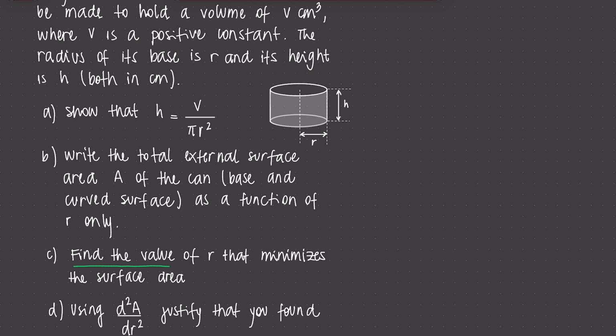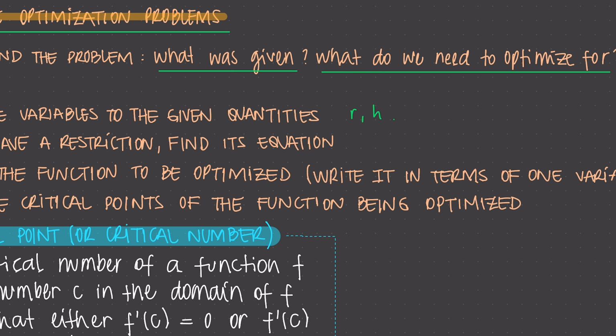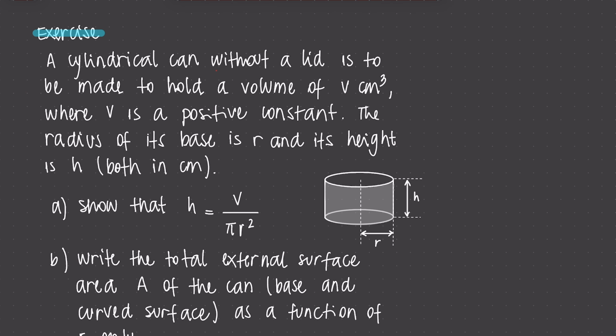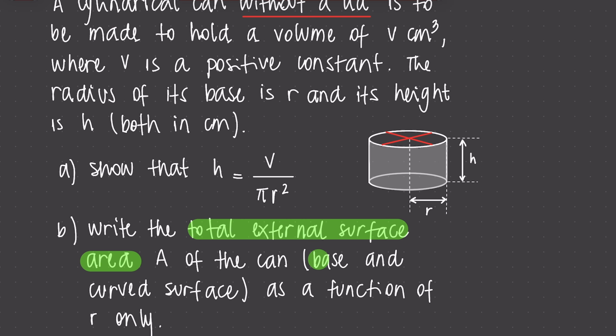Well, we are going to find the value of the radius that minimizes the surface area, which is yet to be found. So another variable that was mentioned is capital A, which is the surface area. Do notice that the cylinder does not contain a lid, meaning there's nothing over here. Therefore, the total external surface area is only composed of the base and the curved surface.